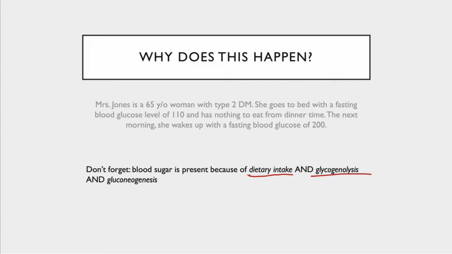So that's the second way. The third way then, if you have depleted your glycogen stores, is your body can break down fat and protein in order to produce blood sugar. So those are the 3 ways that our bodies can produce blood sugar.